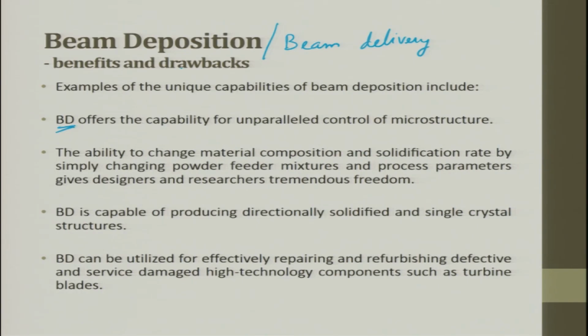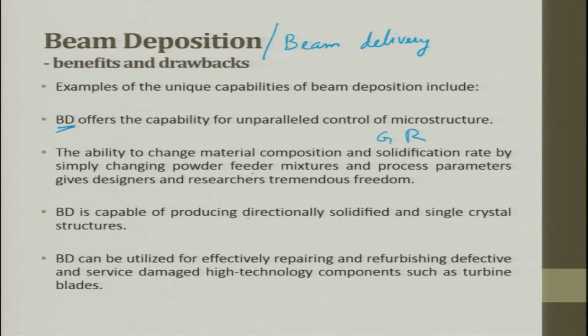beam deposition. Beam deposition offers the capability of unparalleled control of microstructure, the ability to change material composition and solidification rates by simply changing the powder feed. So, these are the two terminologies I was using, thermal gradient G and R, the solidification rate. For process planning, this gives designers and researchers a tremendous freedom.